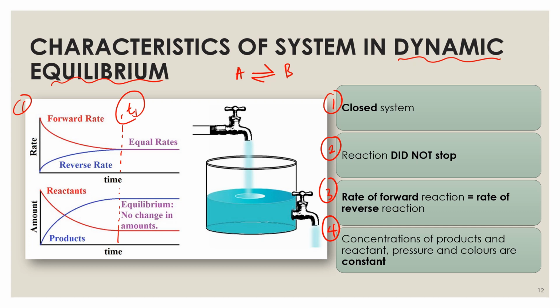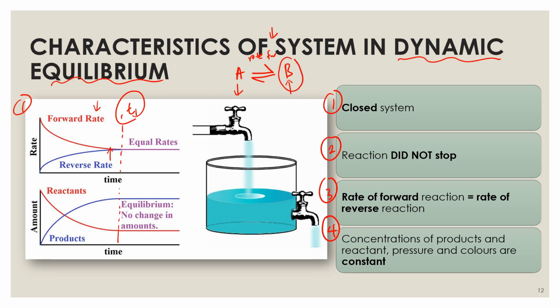So at the beginning of the reaction, the rate of forward reaction will decrease and the rate of reverse reaction will increase. Ini adalah kerana pada permulaan tindak balas, apabila A bertukar menjadi B, concentration of A will decrease and concentration of B product will increase. So due to this reason, the rate of forward reaction will decrease.